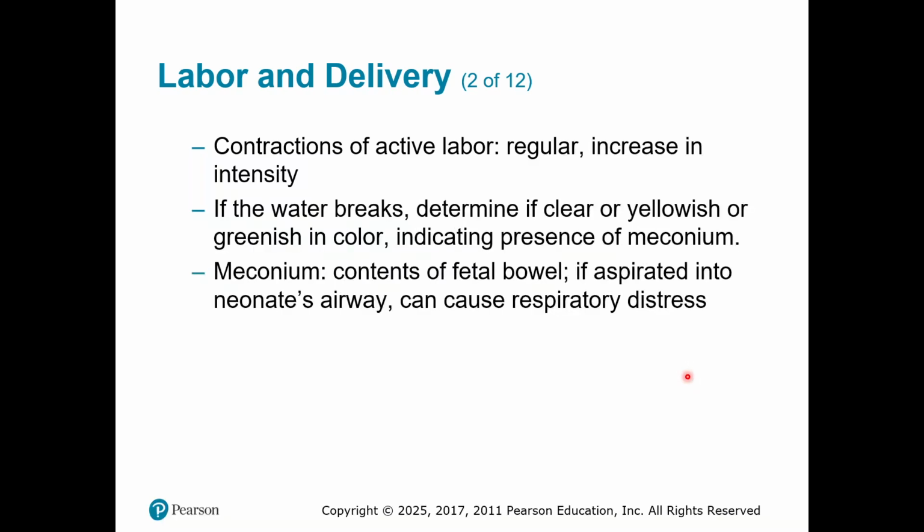Contractions of active labor are regular and increase in intensity. If the water breaks, determine if it was clear or yellowish or greenish in color, indicating the presence of meconium. Meconium is the content of the fetal bowel. If aspirated into the neonate's airway, it can cause respiratory distress.